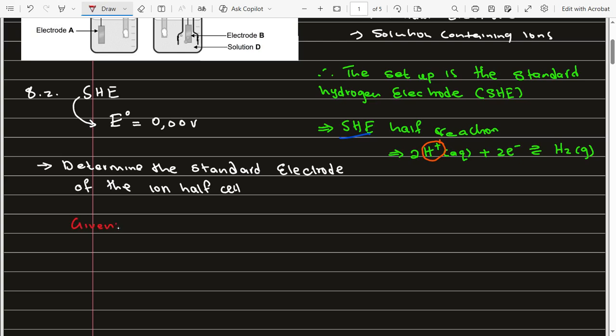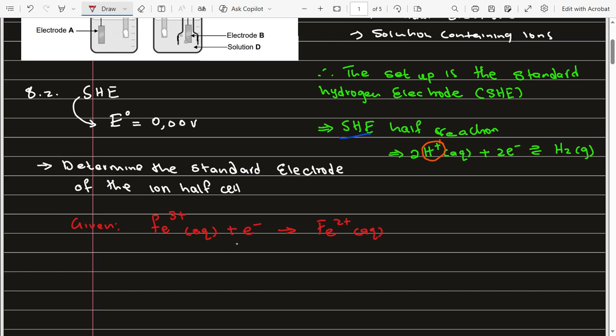We are given that the Fe with the 3 plus charge is in aqueous solution, then it gains an electron, and then we have the Fe 2 plus in aqueous solution.